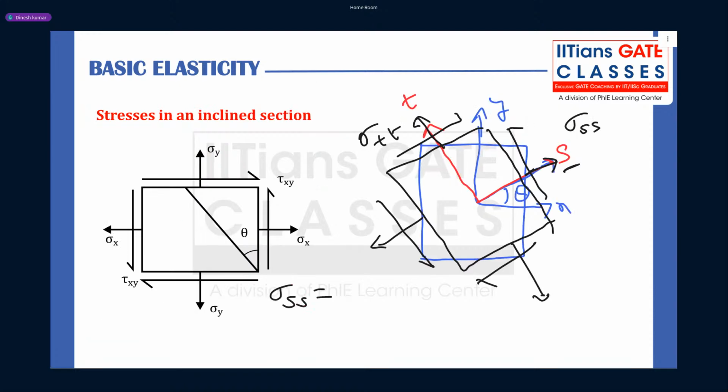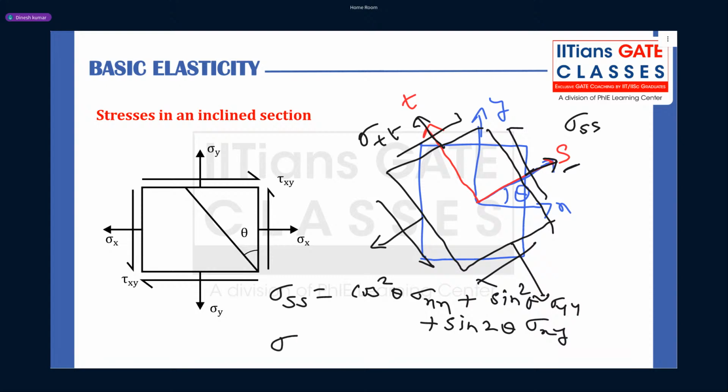Sigma SS is nothing but C square, which means cos square theta sigma XX, plus sin square theta sigma YY, plus 2cs, which is 2 cos theta sin theta, which is nothing but sin 2 theta, times tau xy. Is this equation clear?